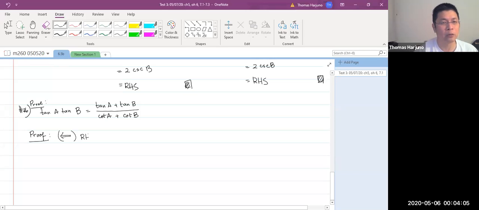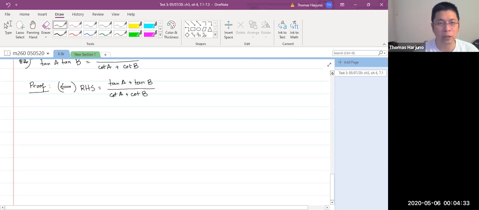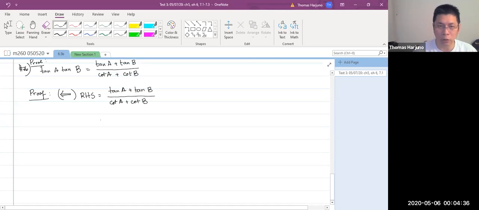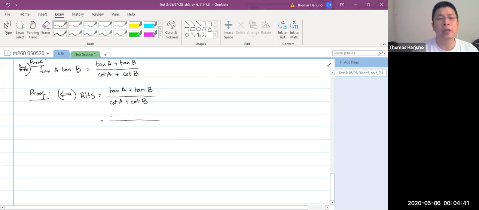The right-hand side will be tangent A plus tangent B over cotangent A plus cotangent B. How would you like to proceed? Convert that to sine and cosine. That's a good idea, but that's not the only way. You can convert cotangent to tangent. That's actually another way.